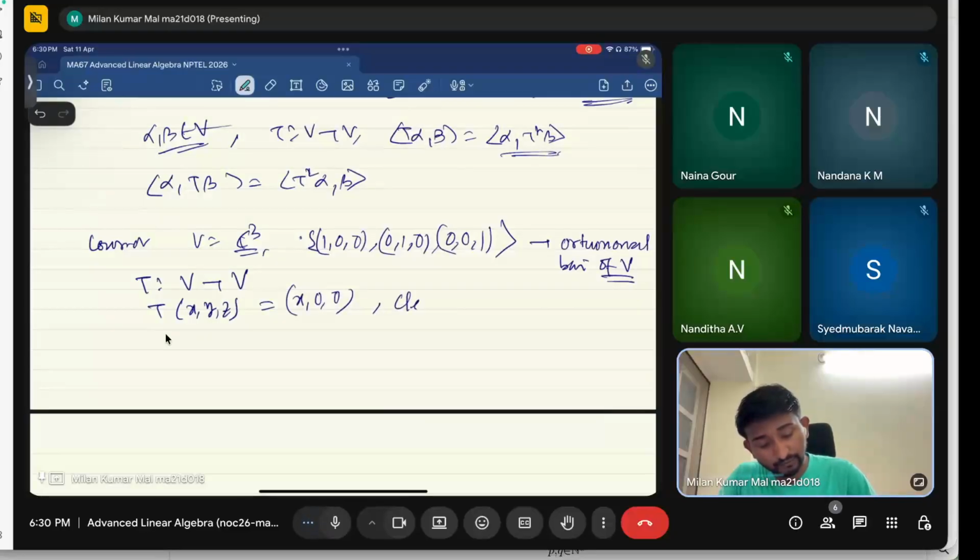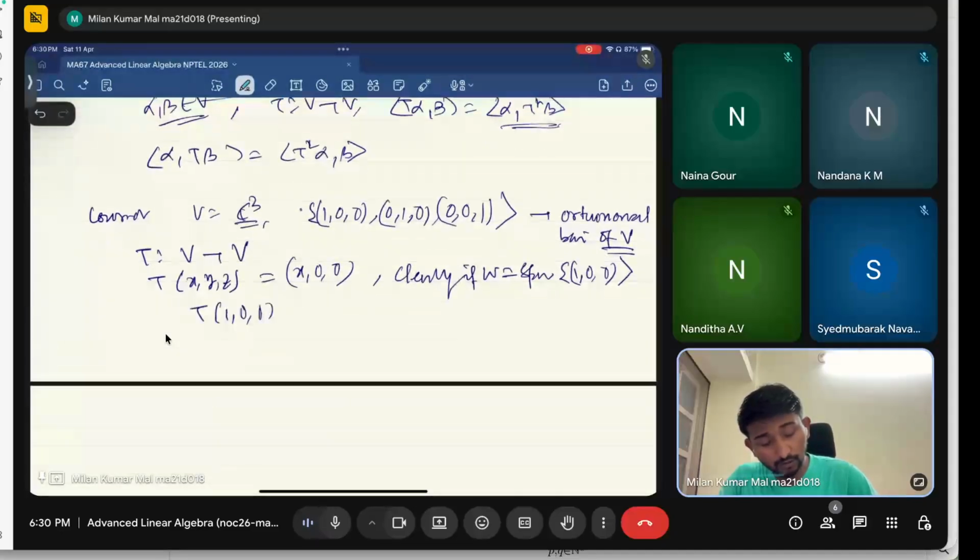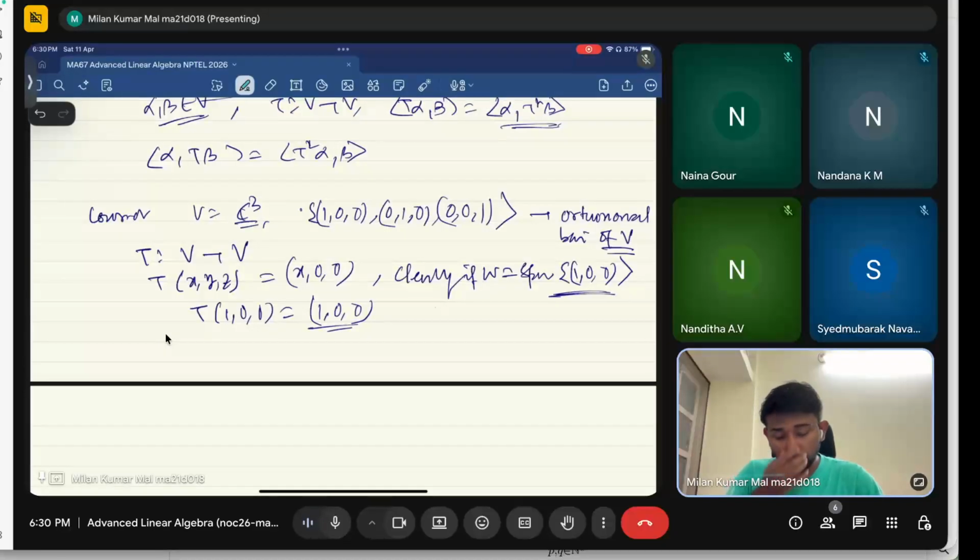Then clearly, if W is the span of (1,0,0), then T of (1,0,0) is (1,0,0), and any vector in the span of (1,0,0) will map into W. That means W is invariant under T.